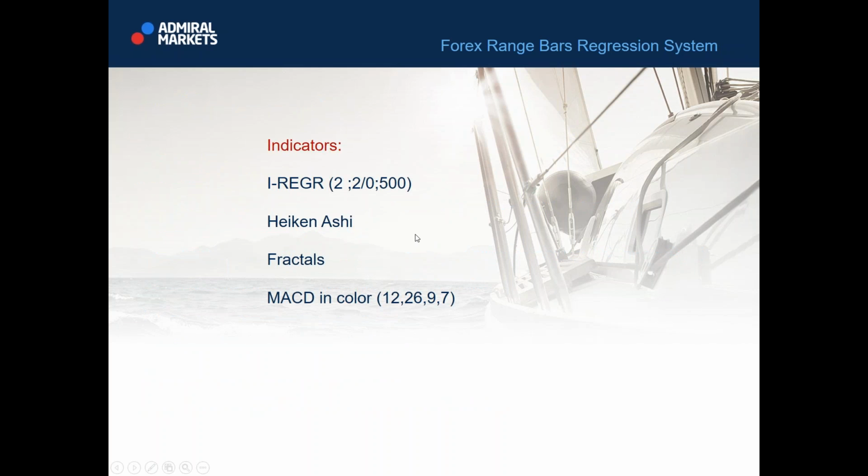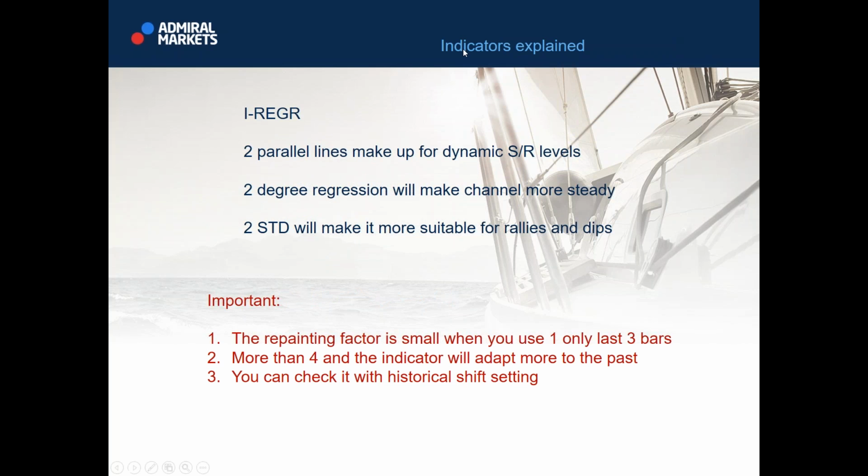The indicators that we use are these: regression, Heiken Ashi, fractals, and slope indicator. I didn't put a slope indicator, but I will explain it on the chart itself, because that indicator is based on moving average and it has colors, so I will show it. So regression is actually two parallel lines that will make up a channel.